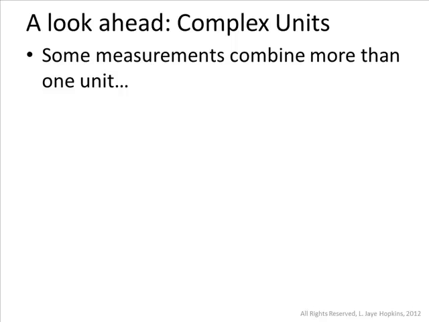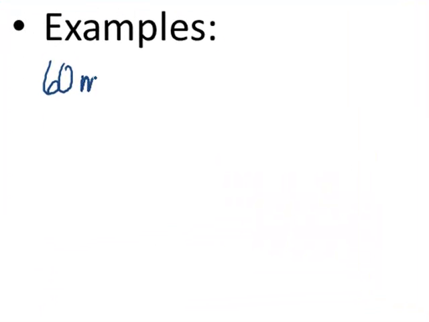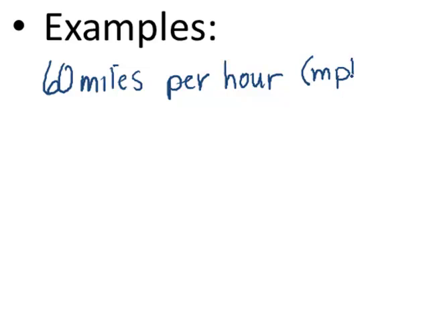In fact, you're very comfortable working with these, because when you drove somewhere at any point in your life, you had to look at a speed limit, which was actually a complex unit. For instance, in much of the United States, the speed limit is 60 miles per hour. Well, 60 miles per hour really is using two different units at once, the unit of miles and the unit of hours. Often we abbreviate miles per hour as mph.